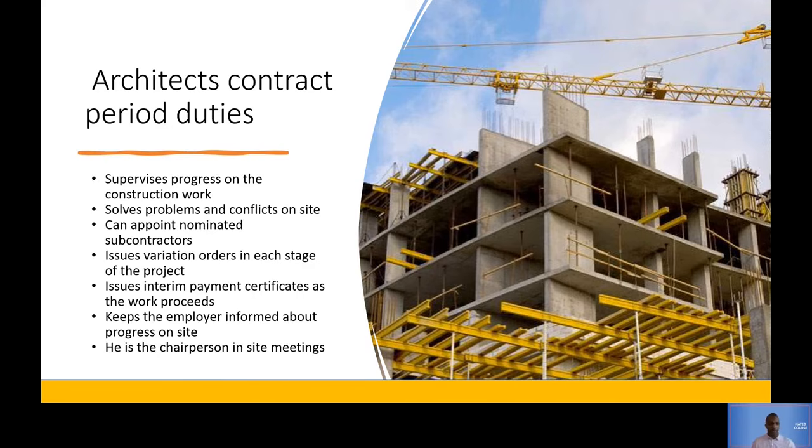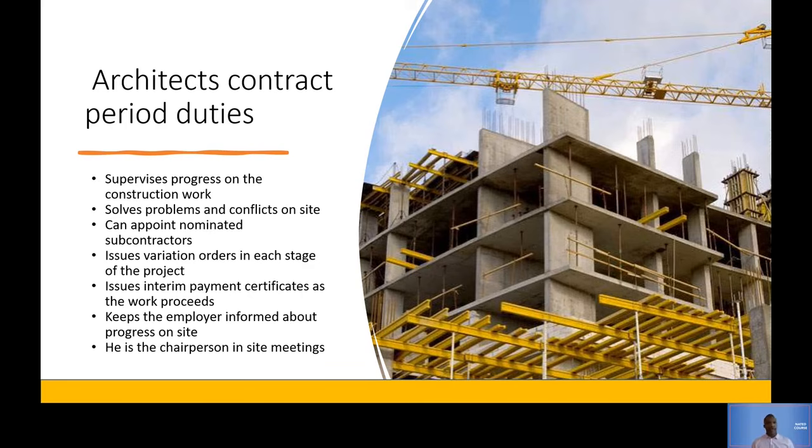That's how it goes. And then also the architect keeps the employer informed about the progress on site. So now the architect is like a middleman between the contractor on site and the employer. He updates the employer on what's going on site.